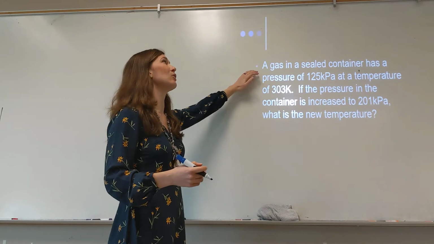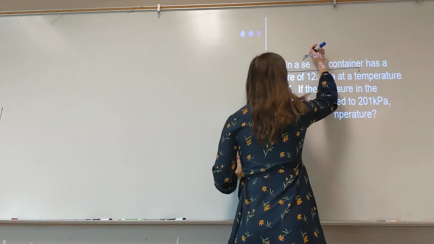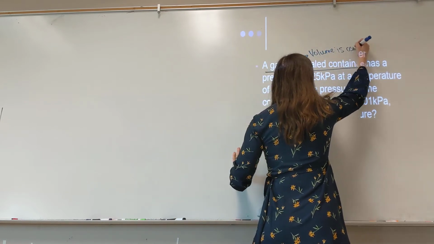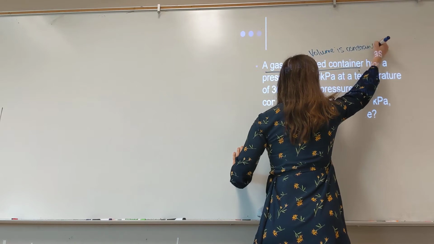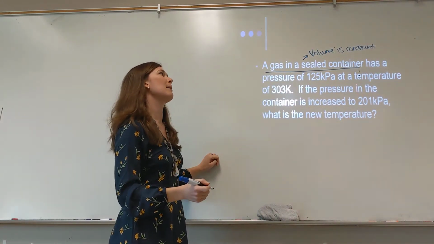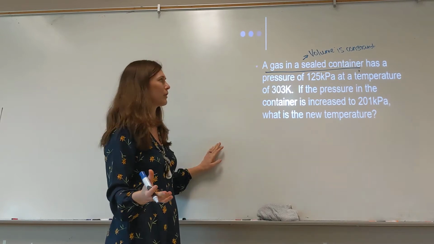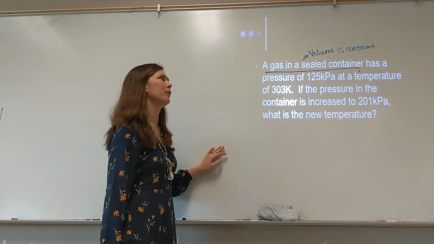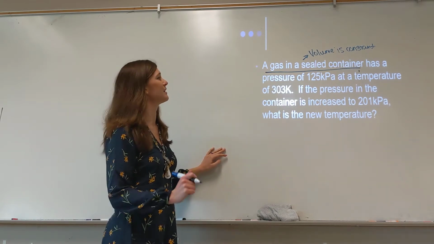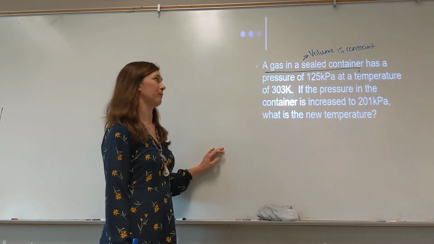Notice it says a sealed container, so that indicates to us that volume is constant. It has a pressure of 125 kPa at a temperature of 303 Kelvin. If the pressure in the container is increased to 201 kPa, what is the new temperature?